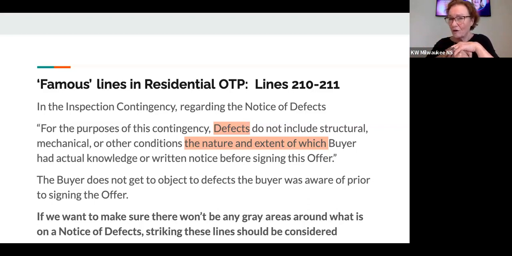So he served me a notice of defect about big cracks in the driveway. And I went, no, no, no, you can't do that. You had knowledge of that, you just visually see them, plus the seller wrote them in the real estate condition report. You can't use that as a defect, Bob. And Bob said to me, no, no, no, Joan, you didn't look at the contract very carefully. You see that I crossed off the word not on line 210. And he had me.